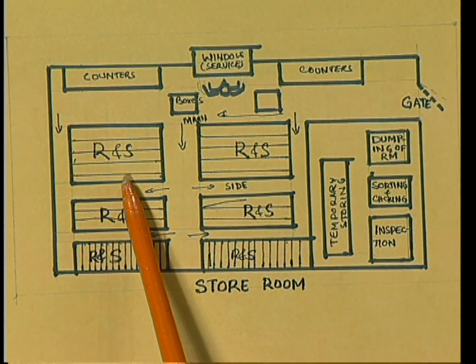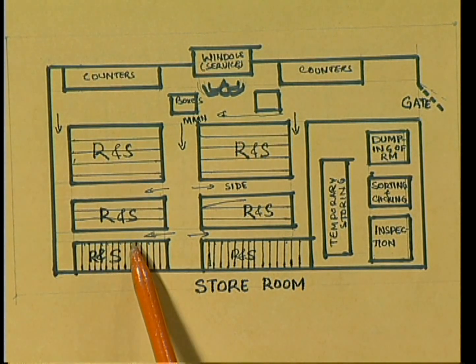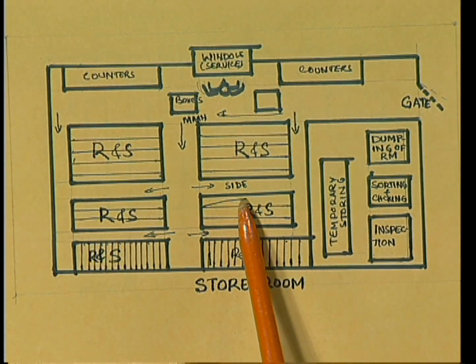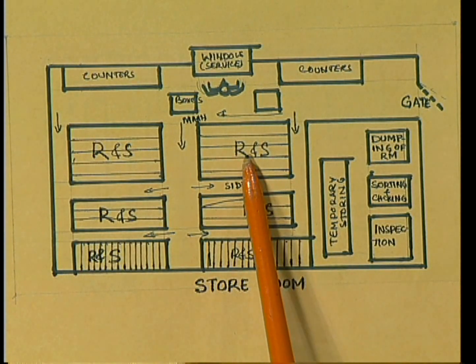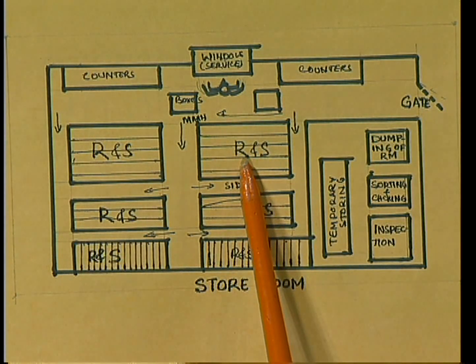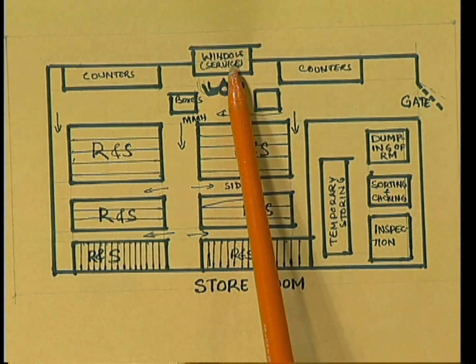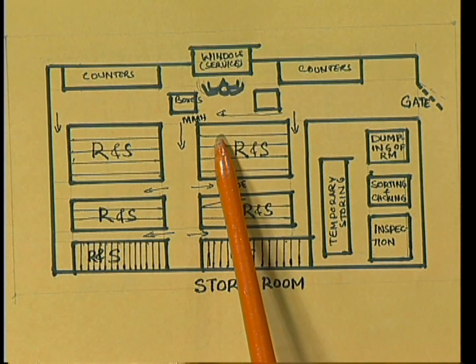Different materials will be placed in different racks and different shelves, and here we will keep those things in these racks and shelves. When a person comes to take material for his department, for example a production person coming to take material to the production department, we will keep the window here so that he will not enter the stores.